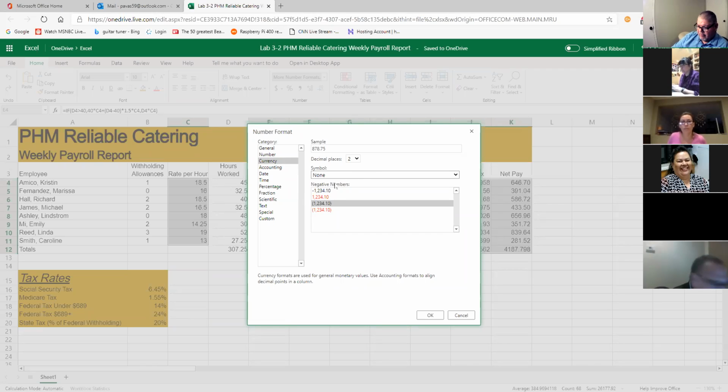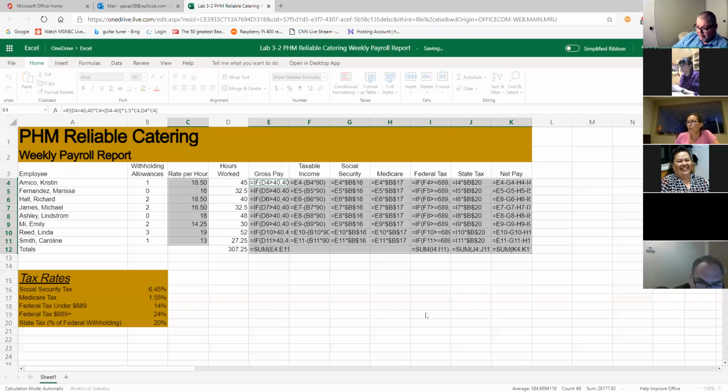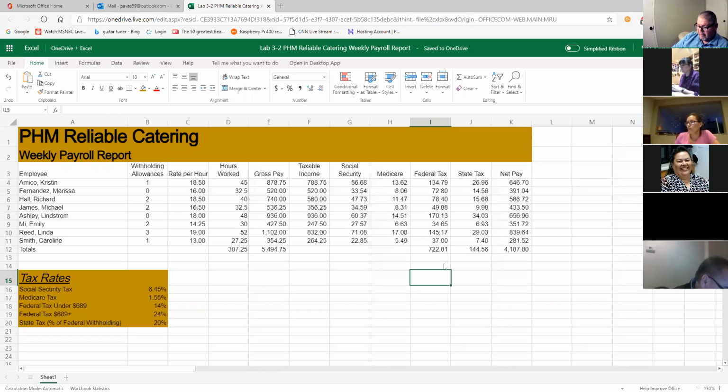Okay, so no dollar sign, negative numbers in parentheses, but black. I think that's what it says. So I'm going to click OK. And that's how it's going to look now. See that? So we fixed some numbers that looked a little distracting.